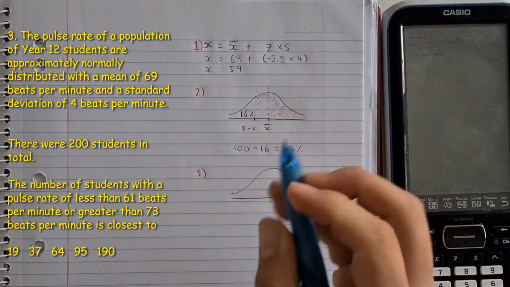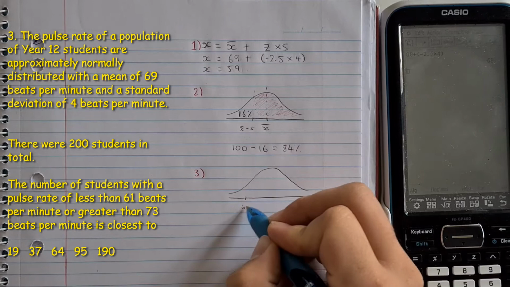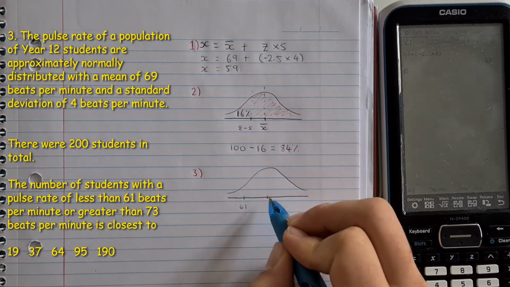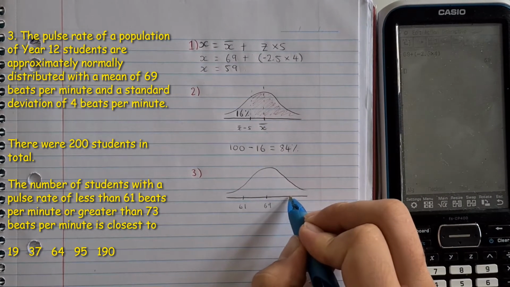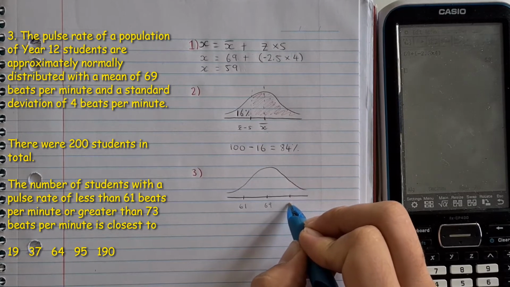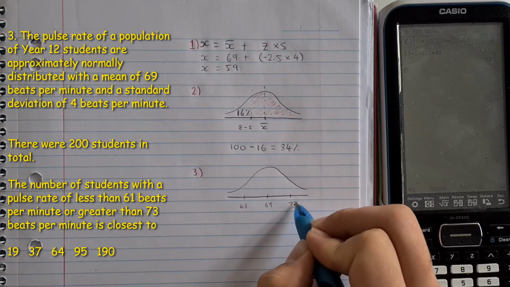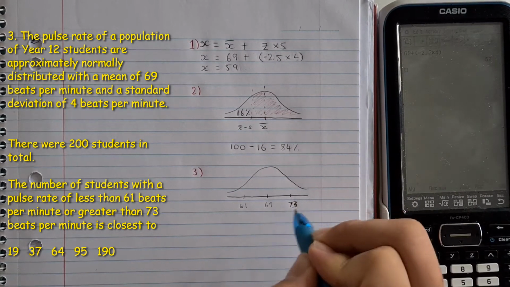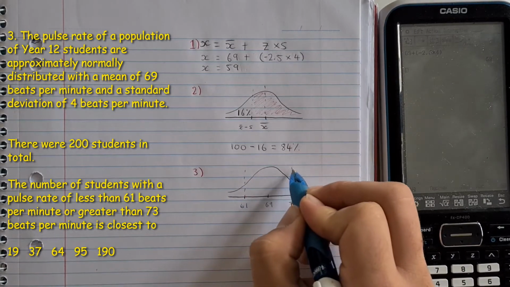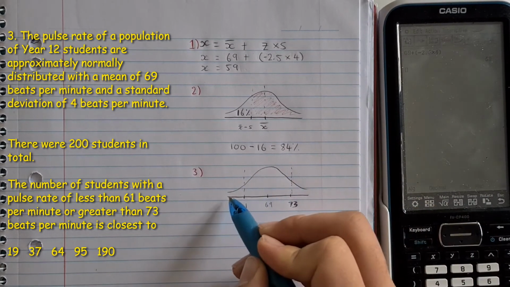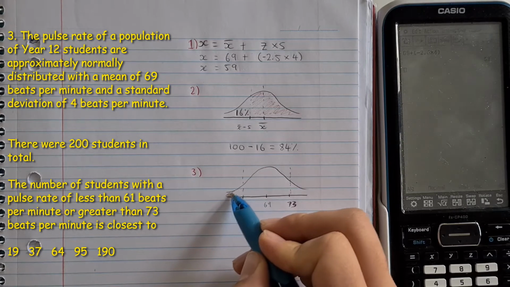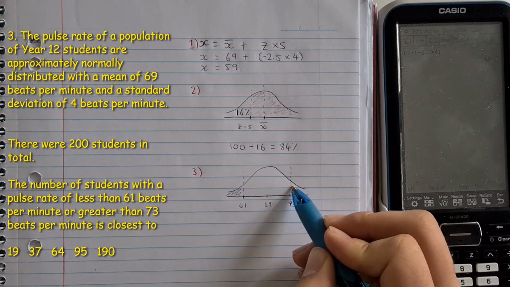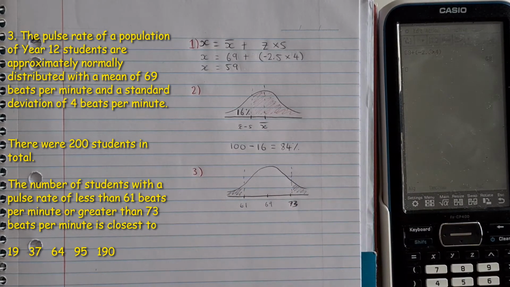Let's say if 61 is around here, we know our mean was 69 and the other number is 73. So it's asking how many students were below 61 and above 73.